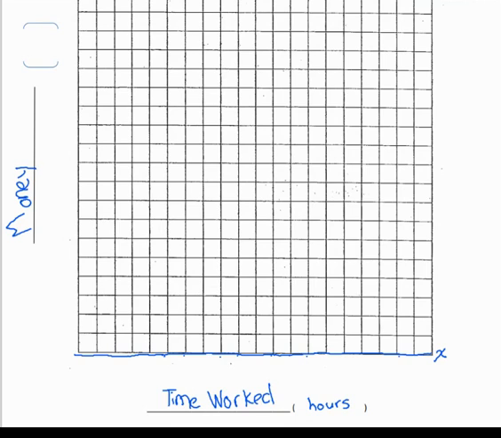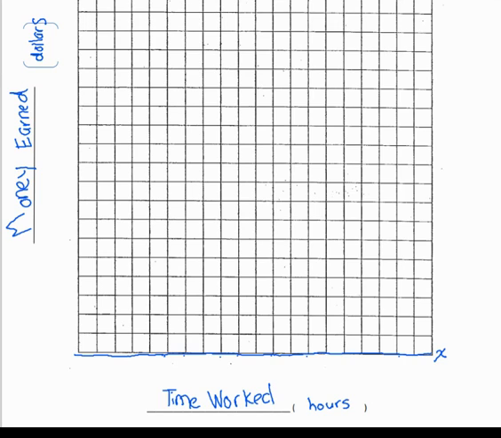Money earned. And how do I measure money? What unit do we use for money? Dollars. Very good. I think that was Tim's voice I heard. So dollars goes there. Any questions?